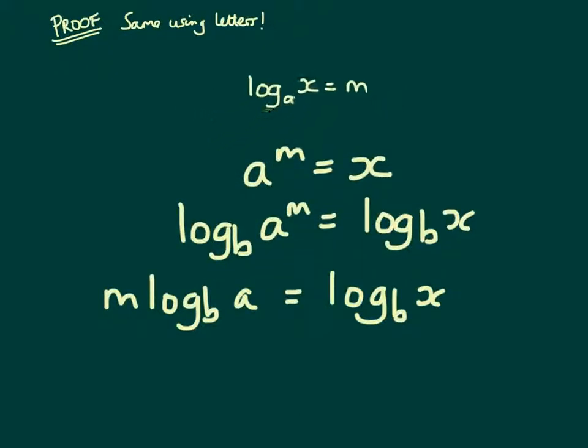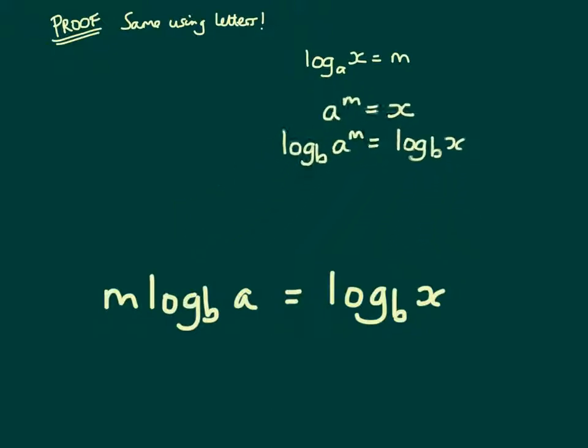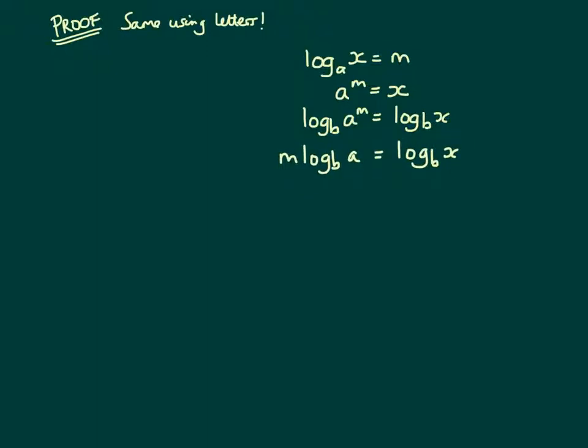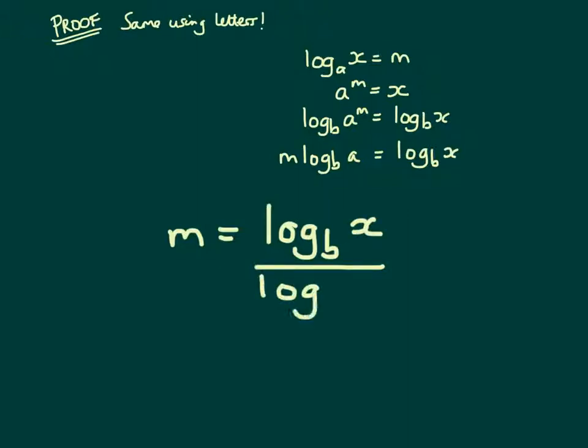It's getting a bit messy now, so let's shrink all that and stick it up at the top there. There we go. So if we take that log to the base b of a across to the side, we get m is equal to log to the base b of x divided by log to the base b of a.